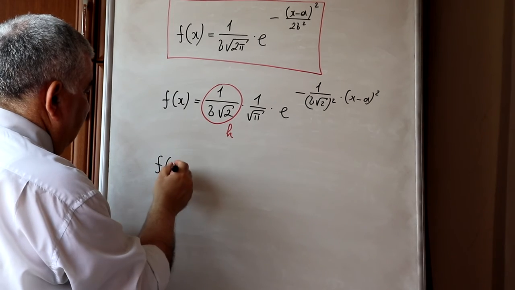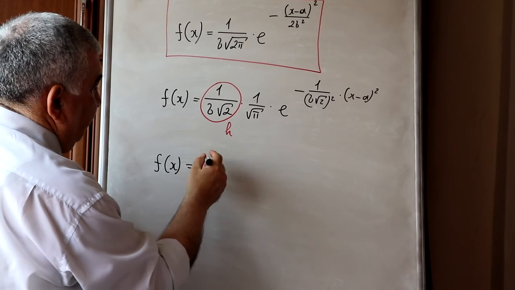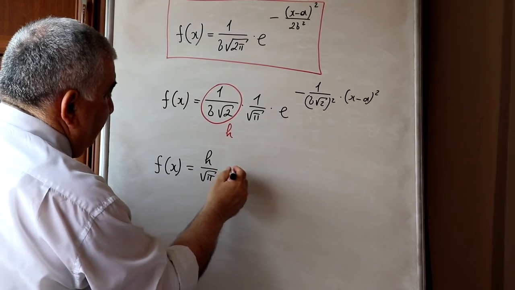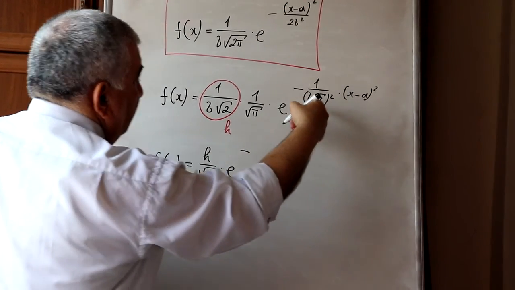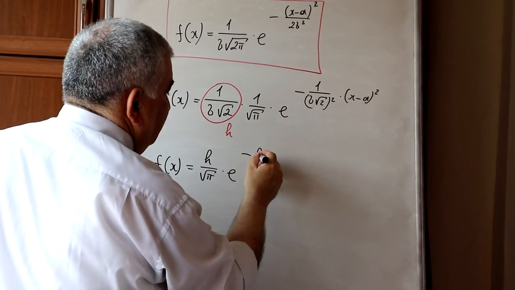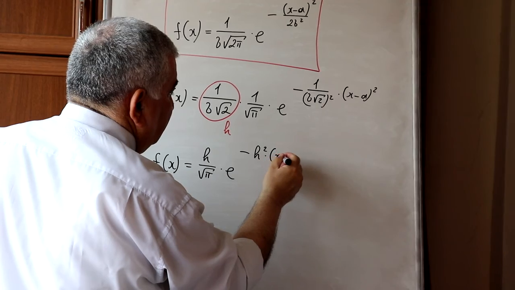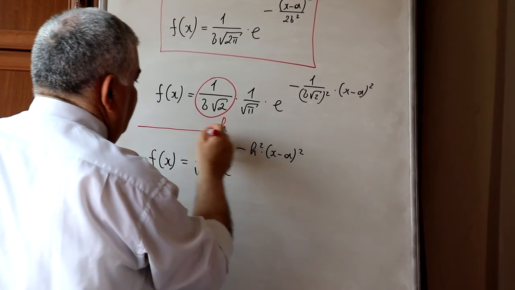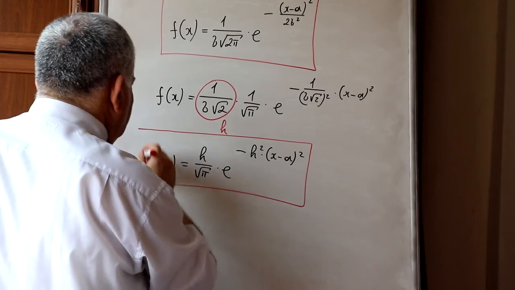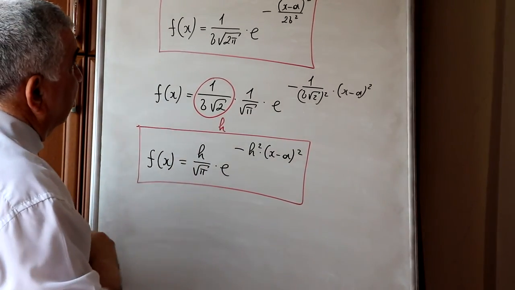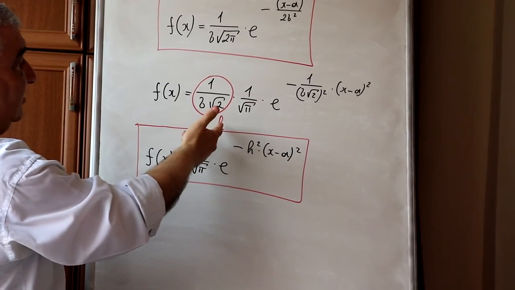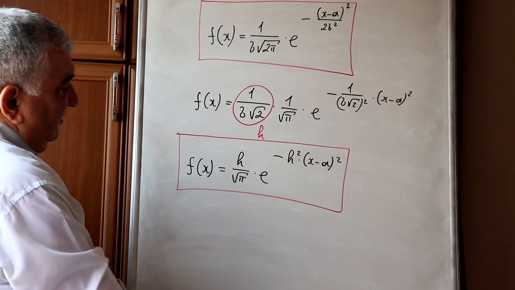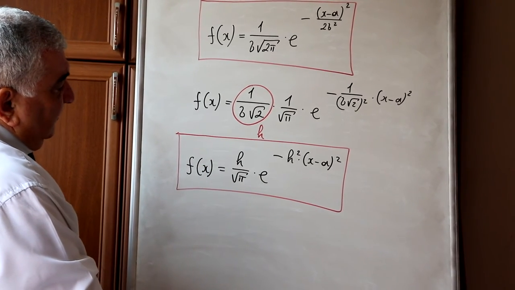F of x is h over square root of pi multiplied by e to minus h squared multiplied by x minus a squared. Here h is named the accuracy measure.